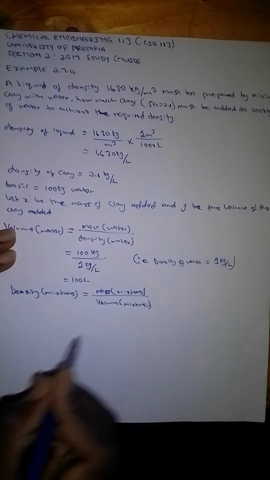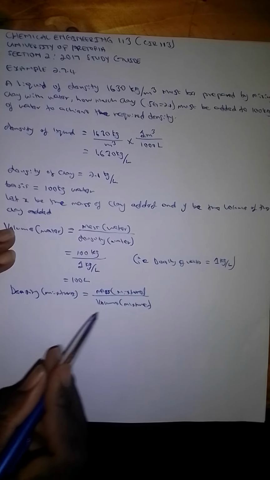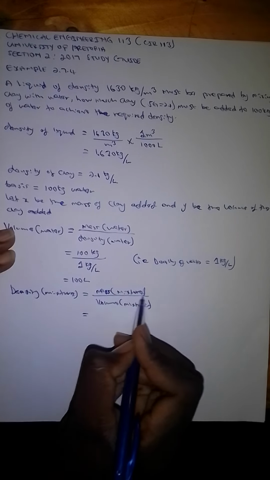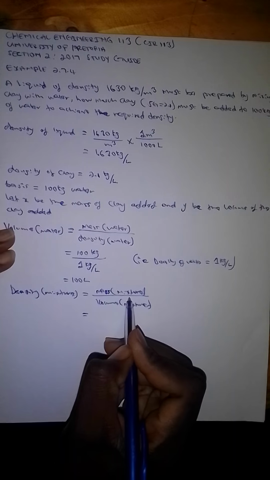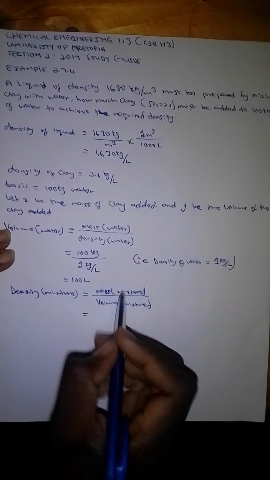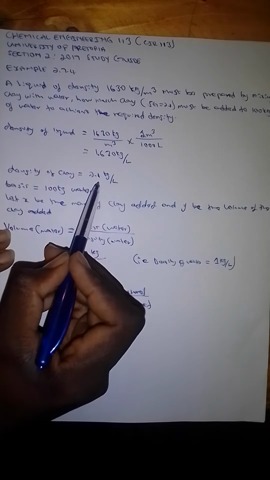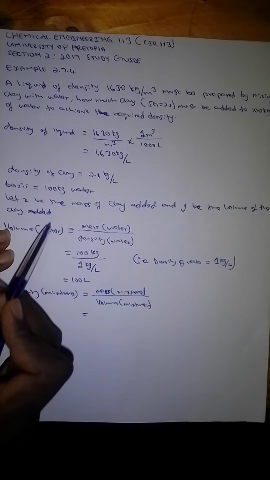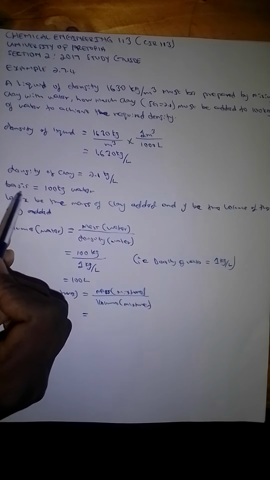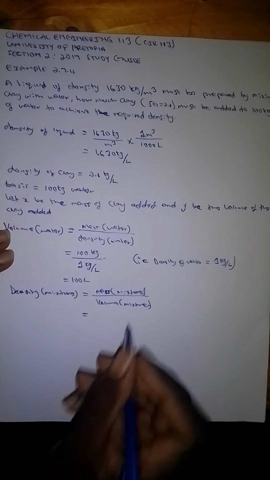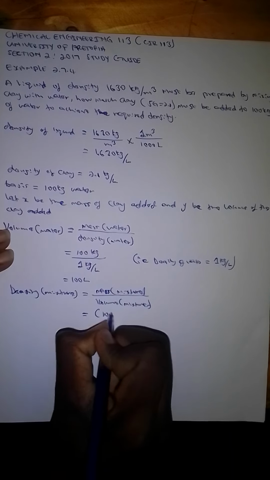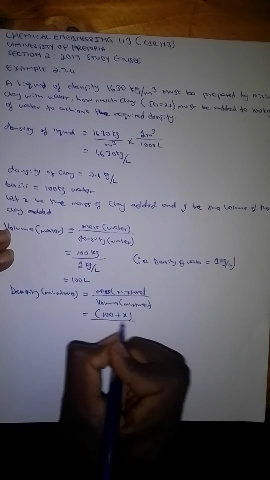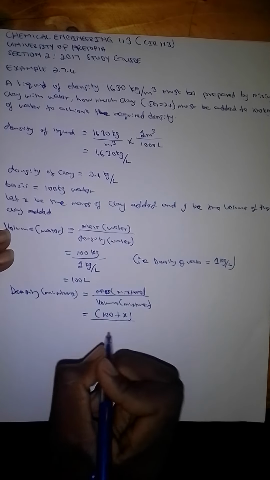The density of the mixture is equal to the mass of the mixture over the volume of the mixture. The mass of the mixture is 100 kilograms of the water and also x, the mass of the clay that has been added. So our mass is 100 plus x, all in kilograms.